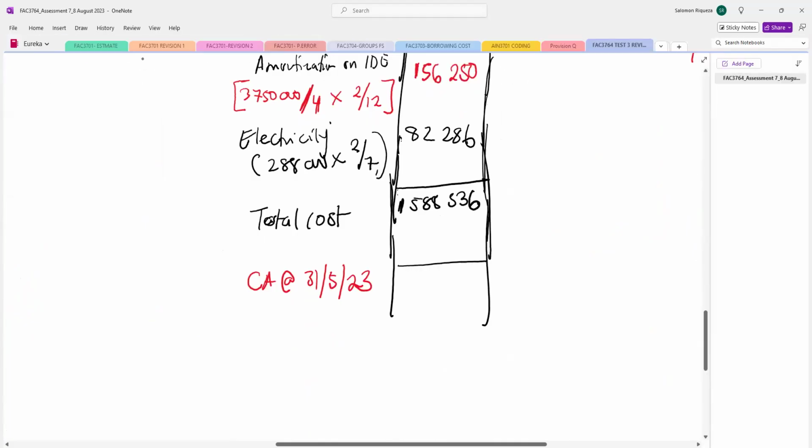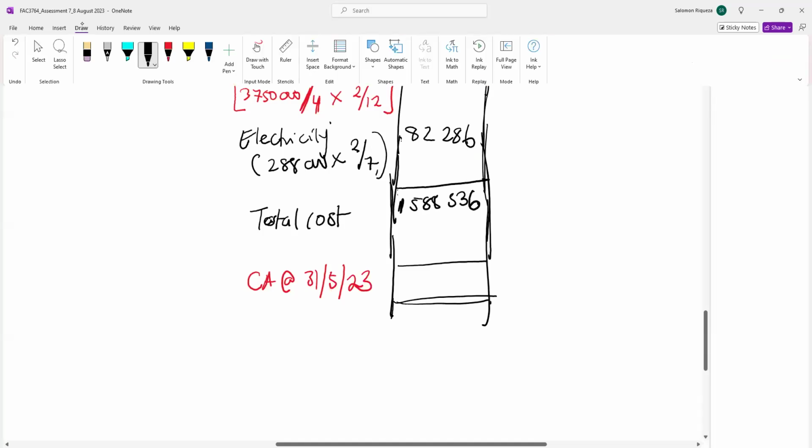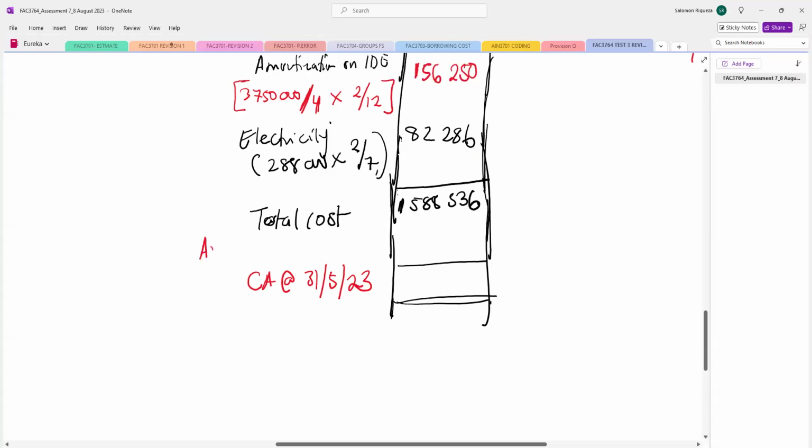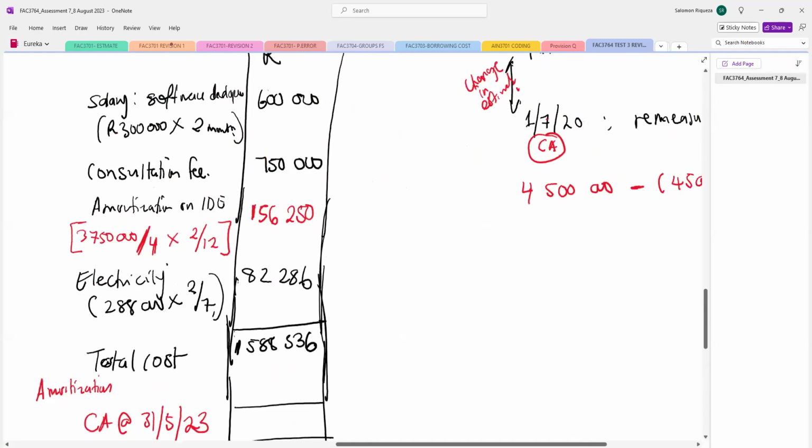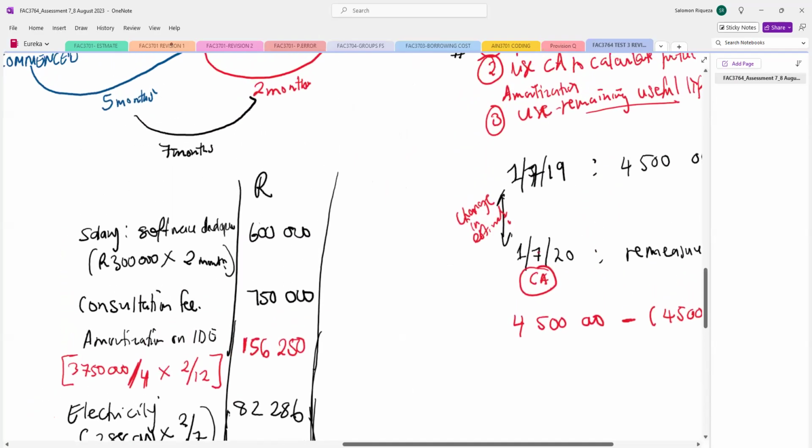So that's the carrying amount I'm looking for on that date. In between, I want to calculate amortization. Please, you always need to know your dates very well.